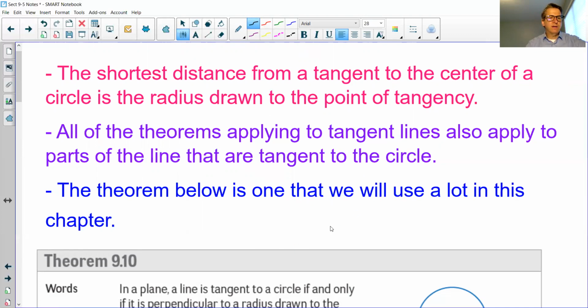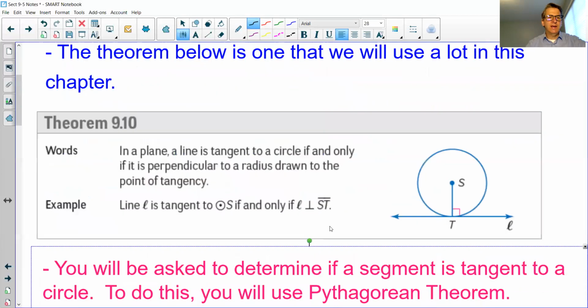Let's take a look at this next, 9.1. In a plane, a line is tangent to a circle if and only if it is perpendicular to a radius drawn to the point of tangency. So line L is tangent to circle S if and only if L is perpendicular to ST.